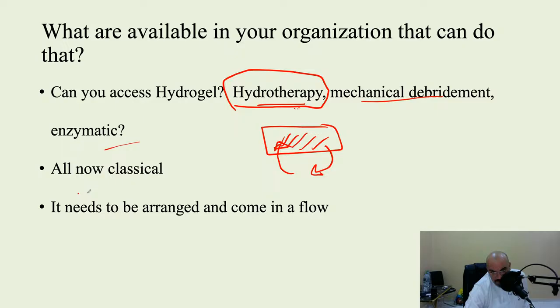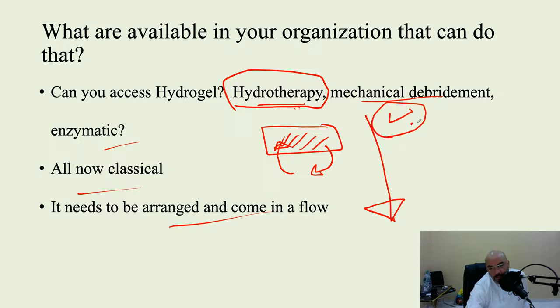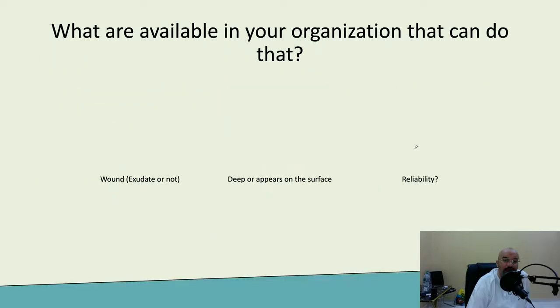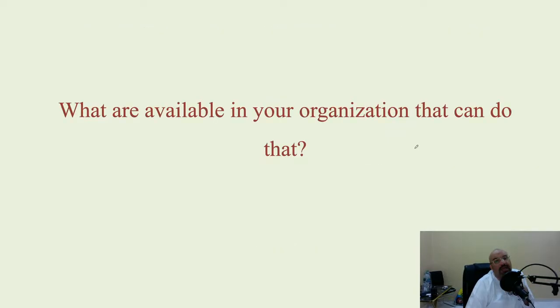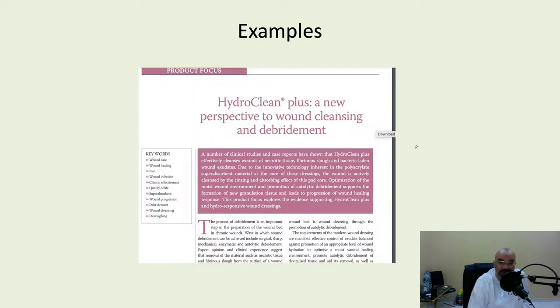Now, the different classifications and how I will follow the classes or flow. So I will use, for example, hydrogel. Then until when I will keep the hydrogel before I go for hydrotherapy, for example, and so forth. At the end, the decision is not based only on scientific evidence, but also on your capabilities, availability, and ability to follow organizational policies and procedures.